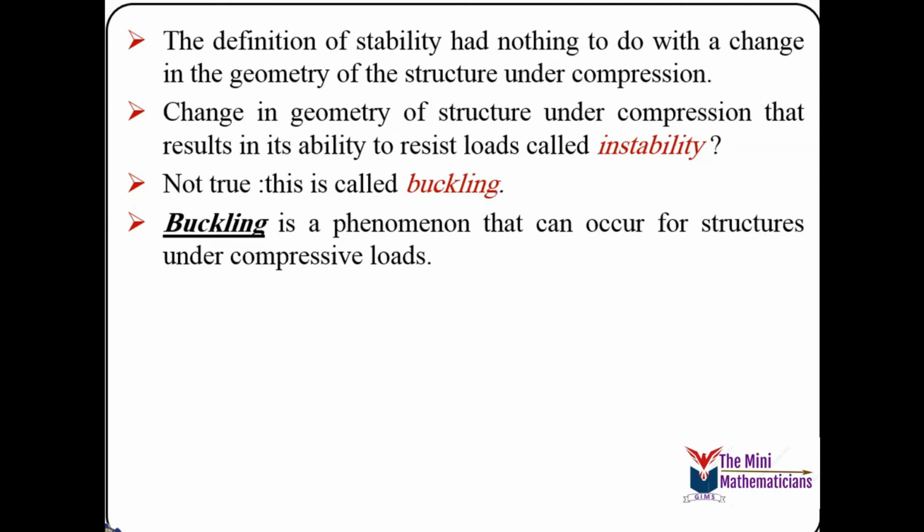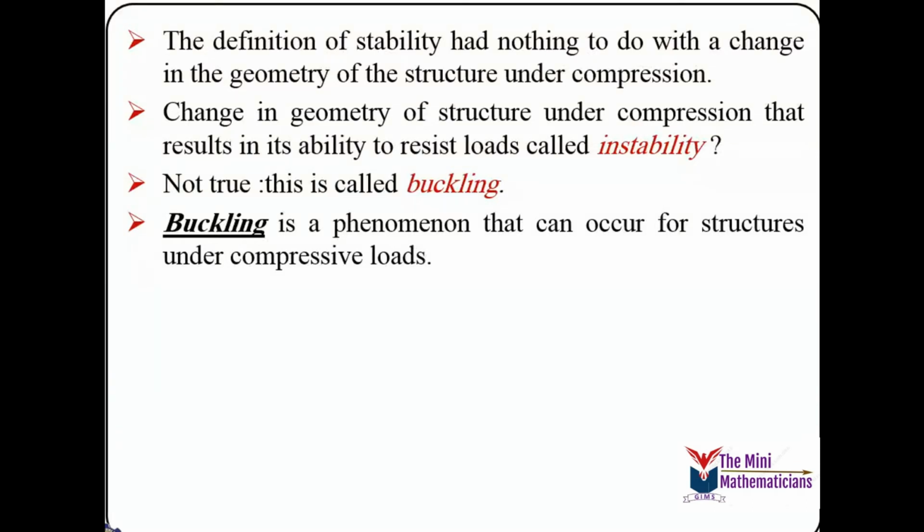It means that when a line element is subjected to compressive axial forces and we keep increasing the load, it suddenly bends. There will be no bending up to a certain load, but when the load approaches a particular value, it will suddenly bend in the lateral direction.